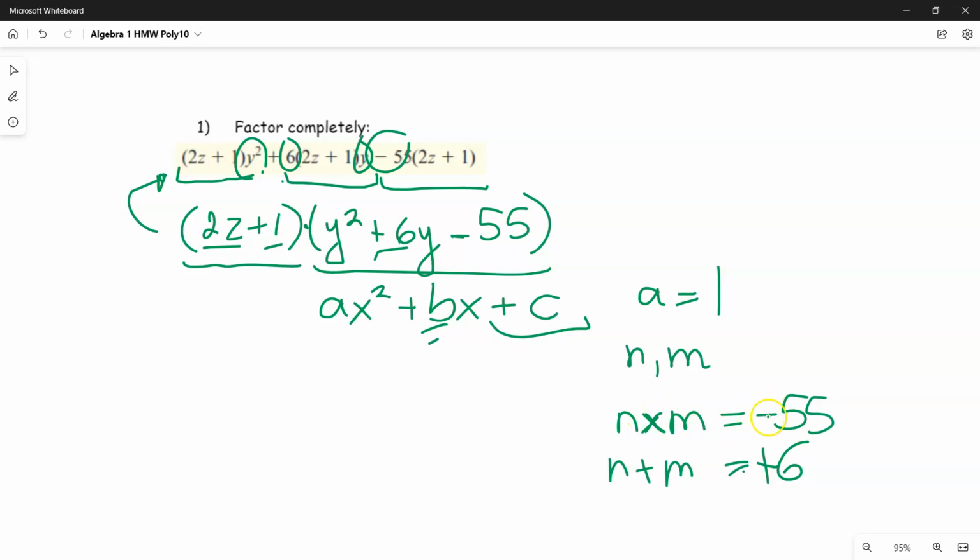In order to find this, we can list all the factors of 55. The factors of 55 are 1 times 55 and 5 times 11.